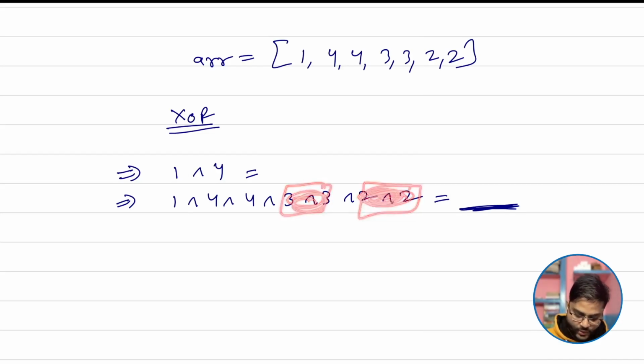So now we will be left with what? 1. Let me write it. 4 XOR 4 will give me 0, 3 XOR 3 will give me 0, 2 XOR 2 will give me 0.